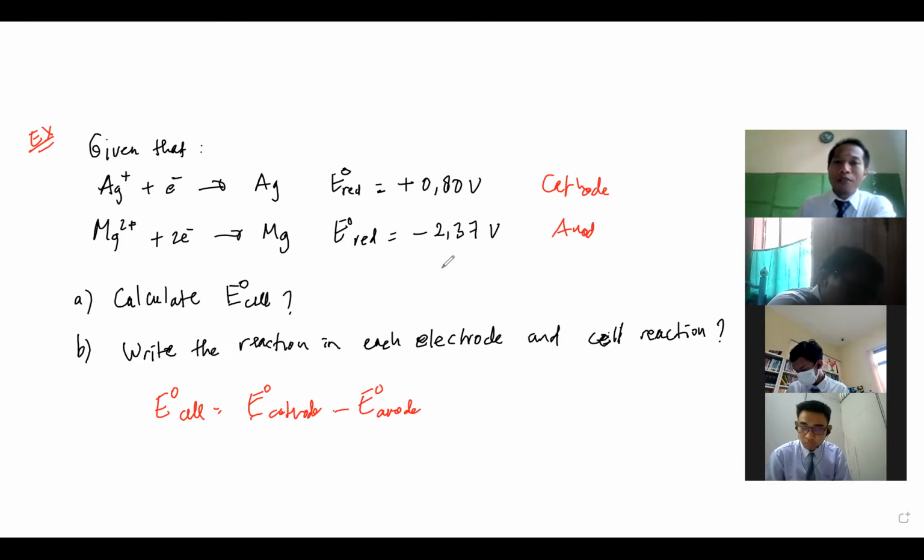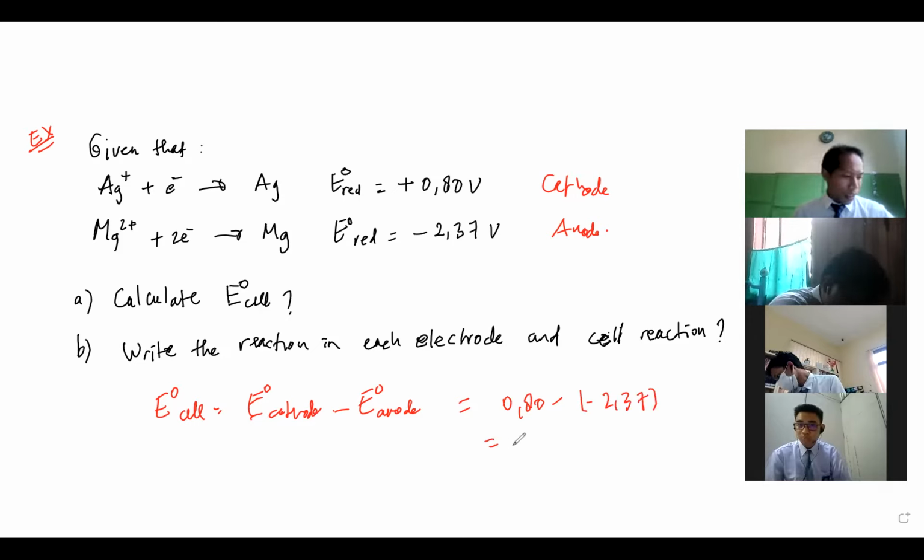So from here you can find the E0 cell easily. If we calculate 0.80 minus minus 2.37, the value will be positive 3.17 volt. This is the E0 cell.